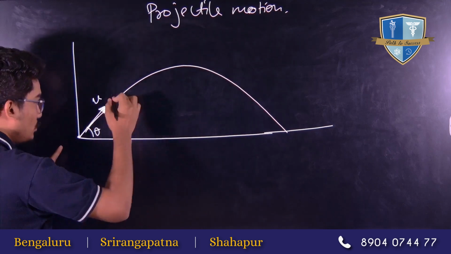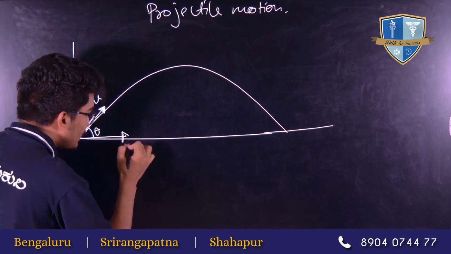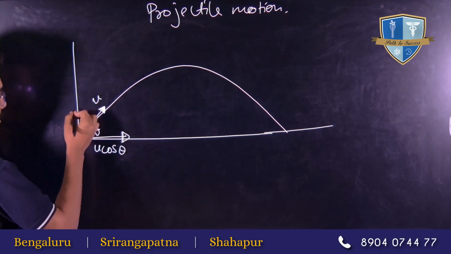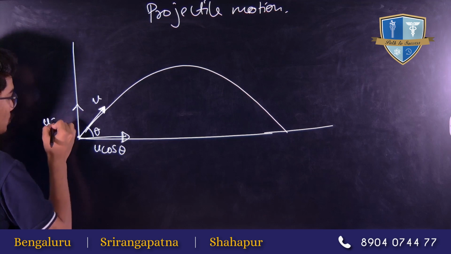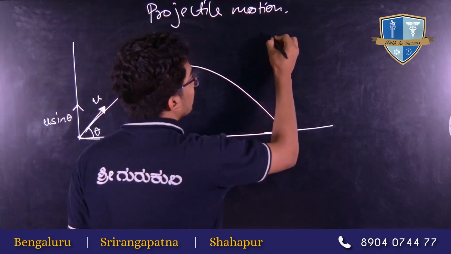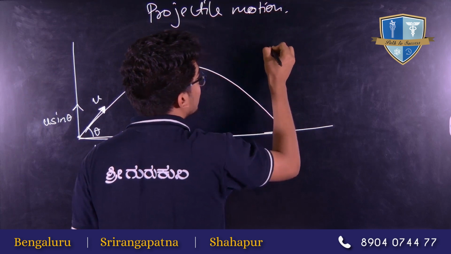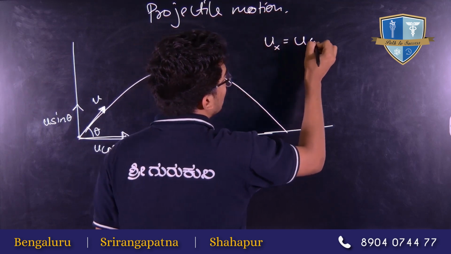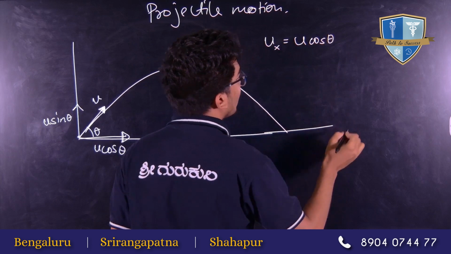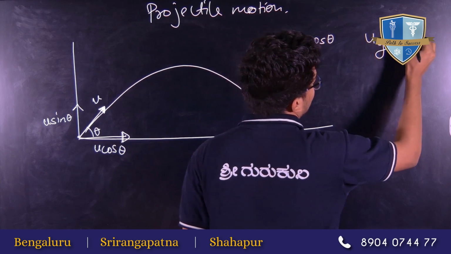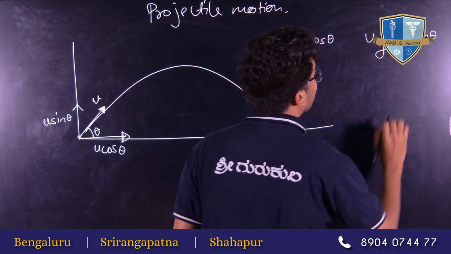This is u at an angle theta, which means the initial velocity in x direction is u cos theta and the initial velocity in y direction is u sin theta.